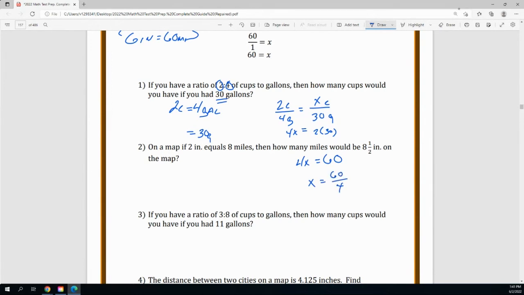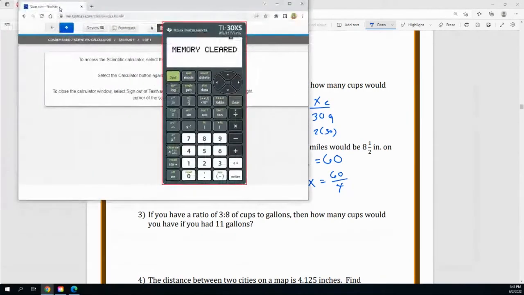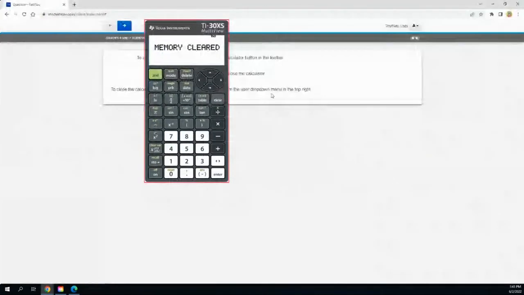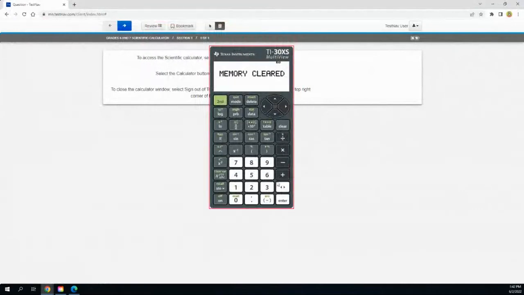If we take 60 and divide it by 4, that's not going to go in evenly. So let's look at our calculator. Let me pull up our official GED calculator. Give me one moment. Okay, the math problem was 60 divided by 4.